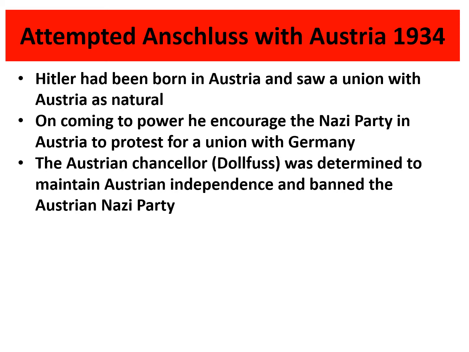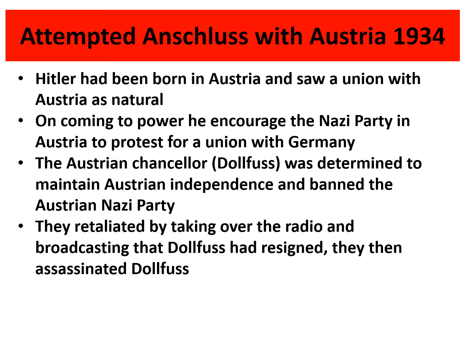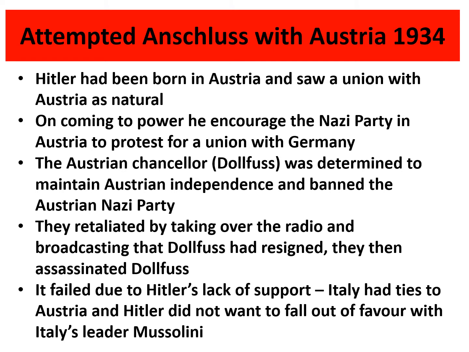Hitler's not going to like that. So the Austrian Nazi Party retaliated by taking over the radio and broadcasting that Dollfuss had resigned. They then assassinated Dollfuss, so they murdered him. This attempt failed, however, because Hitler failed to support it all the way to the end.